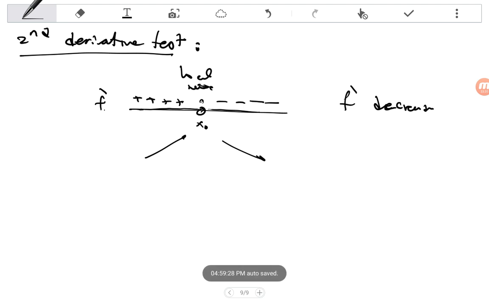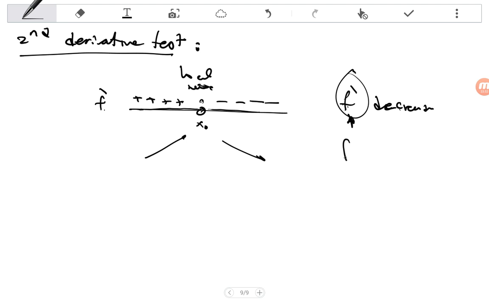How do we determine if a function is increasing or decreasing? It is by the derivative. So what you are telling me here is that f dash is decreasing, which means that the derivative of that function is negative. What is the derivative of this function?